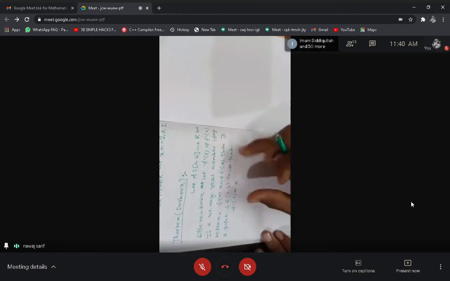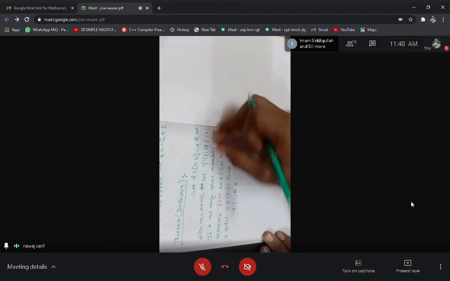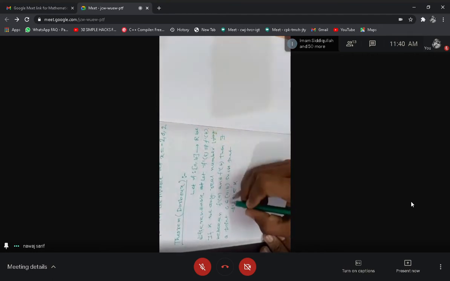That means every value between f dash a and f dash b is attained by the derivative at at least one point.